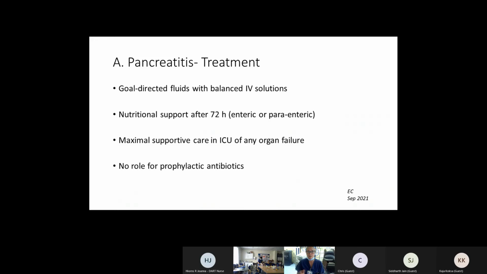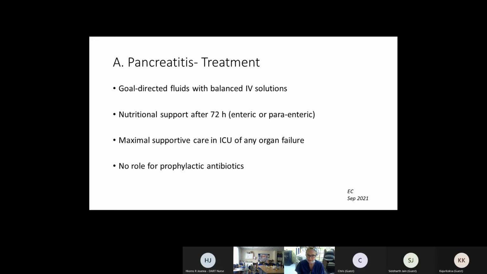Then, this is very general. We have to give maximal support care in ITU for any organ failure. And in here, this could be a manual of ITU care. So we have to deal with whatever strikes the patient, whether it's in the kidneys, in the heart, or the GI, or the lungs, and ventilation.